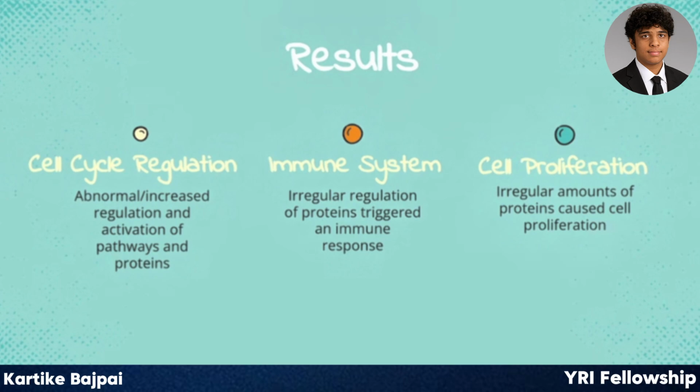proliferation or tumor growth. In cancer, irregular proteins can activate the immune response, which can cause inflammation, and this can cause tumor growth. There's also cell cycle regulation, where checkpoints can be skipped or not monitored correctly.